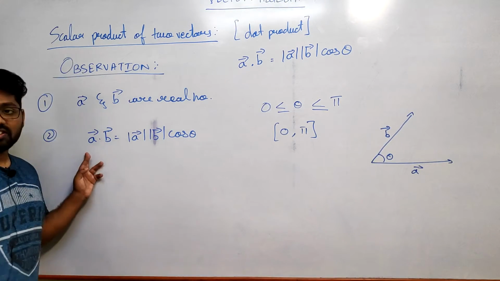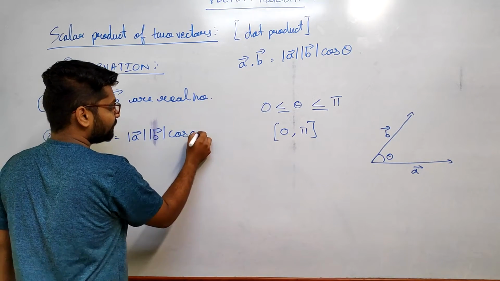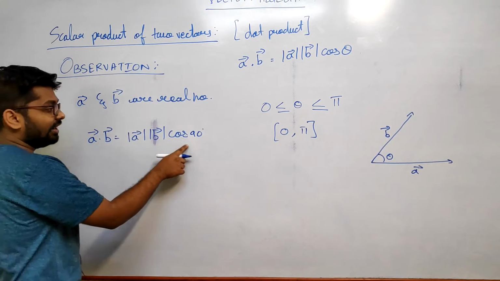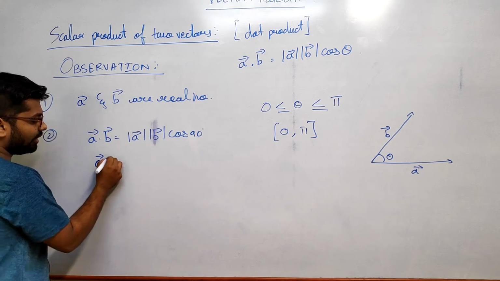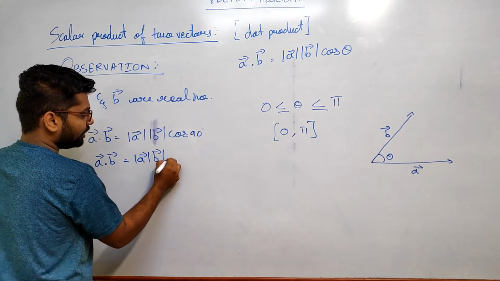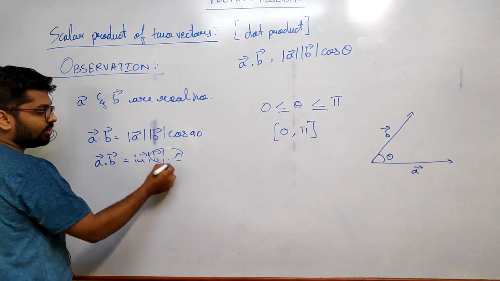Now if I change this theta to 90 degrees, then what is going to happen? What is cos 90? Cos 90 is 0. So a bar dot b bar is equal to modulus of a bar modulus of b bar into 0. So 0 into anything will be 0 itself, right?